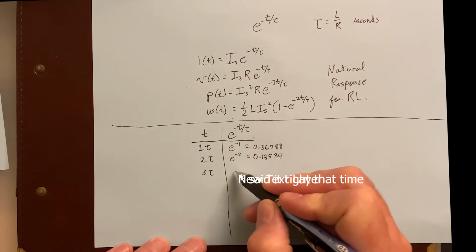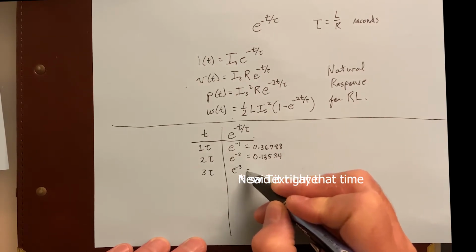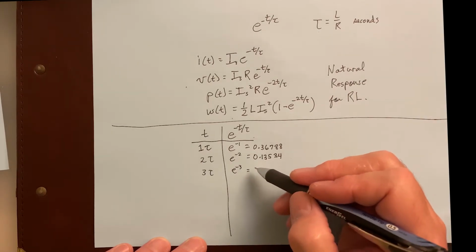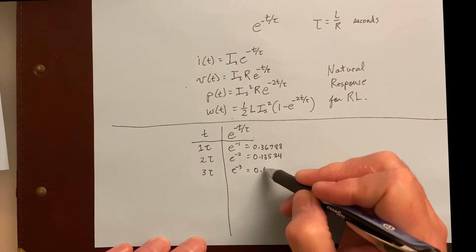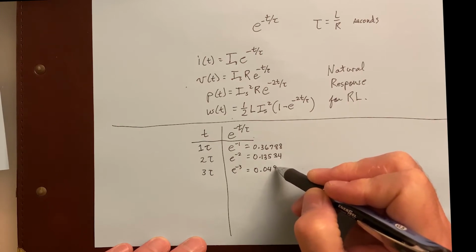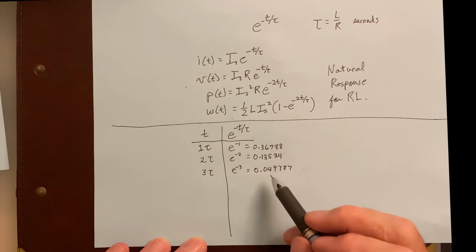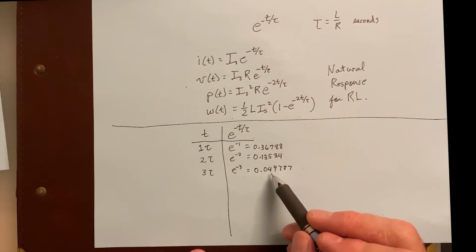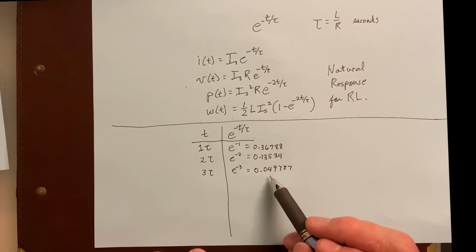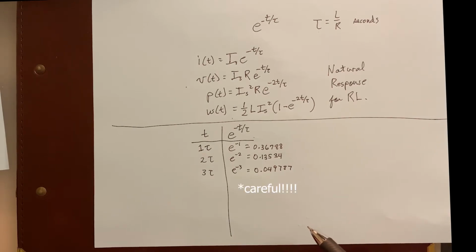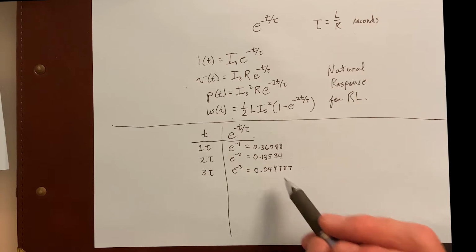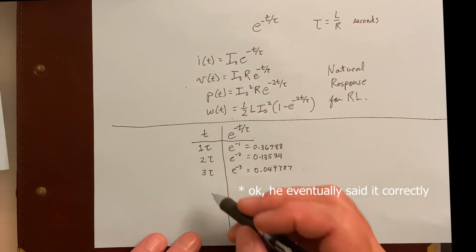After 3 tau of time, which is going to be e to the negative 3, it turns out to be 0.049787. So that's about 5%. So after 3 tau of time, it's done 5% of whatever it's going to do. So if it's decaying, it's 5% of what it was originally.